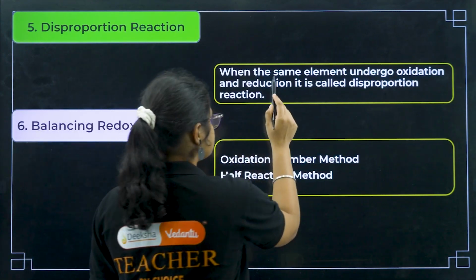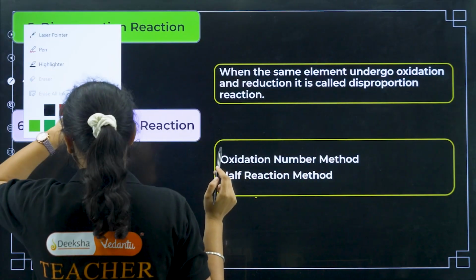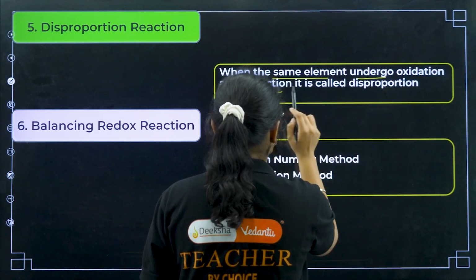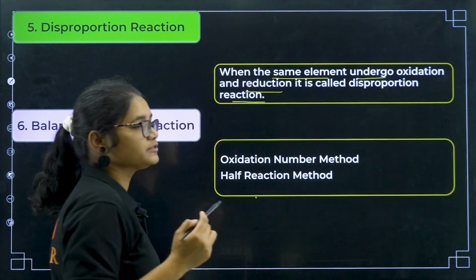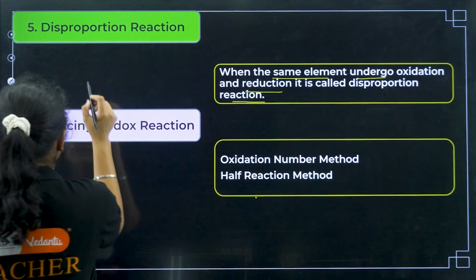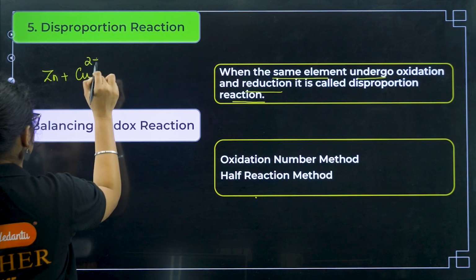When the same element undergoes oxidation and reduction, it is called a disproportionation reaction. Now see, suppose I write a reaction like this: Zn plus Cu2 plus.